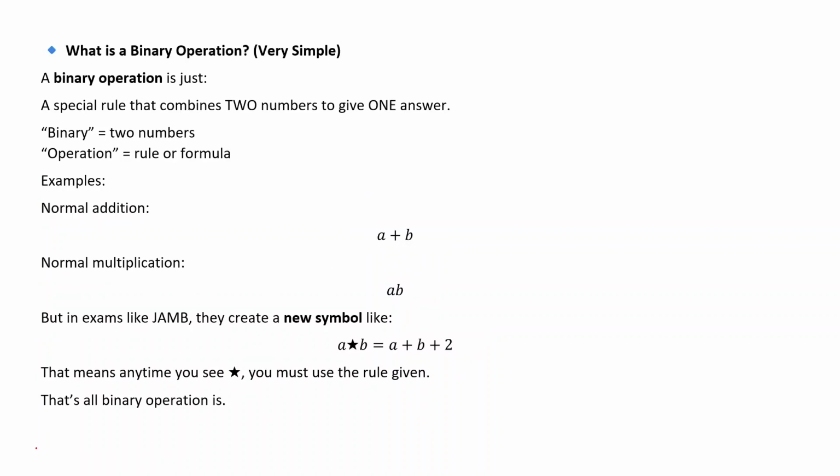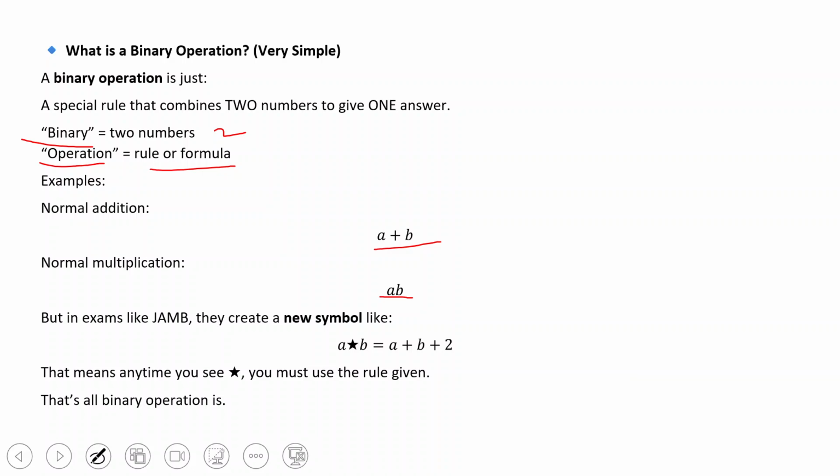So, what is binary operation? A binary operation is just a special rule that combines two numbers to give one answer. The word binary means two numbers, and operation means rule or formula. You are aware of the traditional operation of addition, where I have a plus b, for instance, and for multiplication, I have a times b.